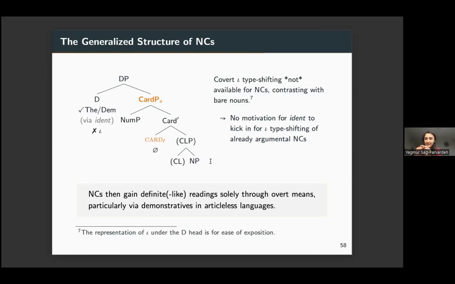Bu atomize etme potansiyeline sahip. Mesela damla, bir kütleyi alıp minik minik atomlara çeviren bir şey gibi. Aynı şekilde şişe, container nounlar da böyle bir fonksiyona sahip. Farsça ve Ermenice'de bunlarla stacking mümkün.